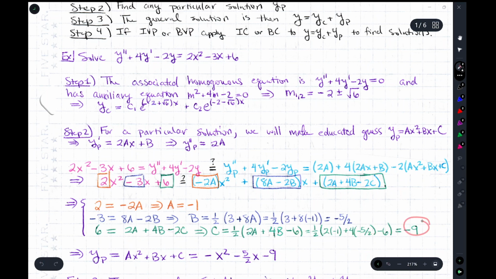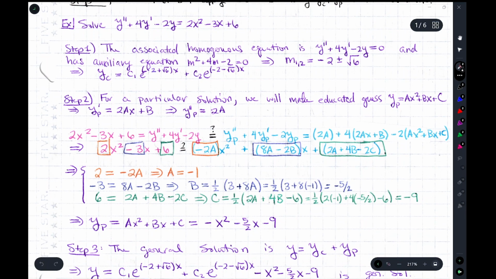And we get that c must equal -9. And so we were able to satisfy this equality. We did have to solve a system of 3 algebraic equations for 3 unknowns, a, b, and c. But we were able to consistently solve.